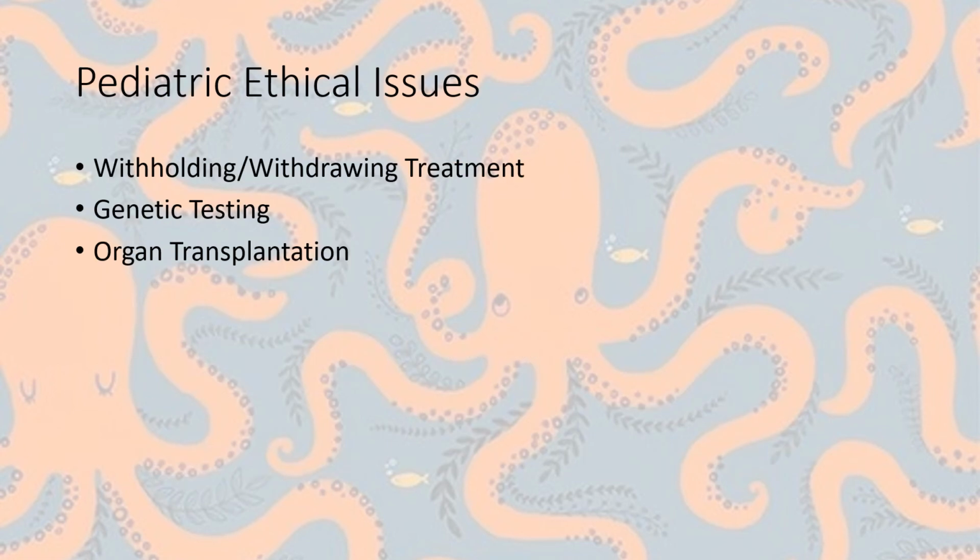Besides withholding or withdrawing treatment, other ethical issues can be genetic testing. Sometimes we really need to do genetic testing on children to see what their risk is of certain genetic disorders. Sometimes the parent may not agree to that.